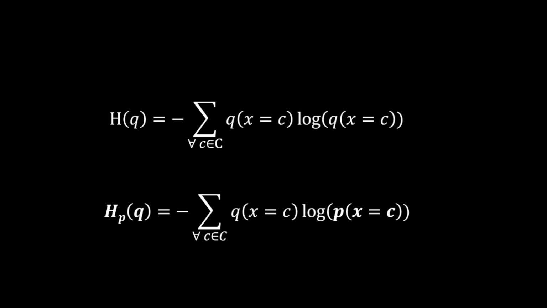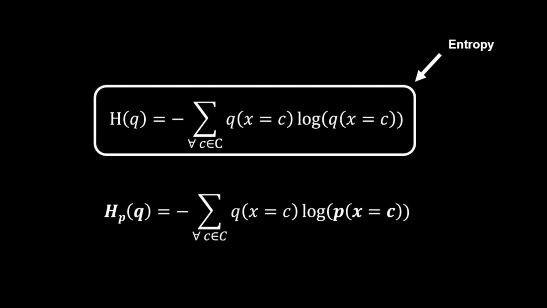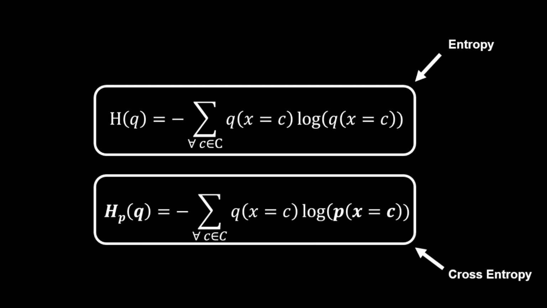Let's bring back both the equations. The top equation is the equation of the entropy and the bottom one is the equation of cross entropy. Notice that the only difference between them is that q is replaced by p inside the log function in the case of cross entropy. KL divergence is a measure of dissimilarity between two distributions.